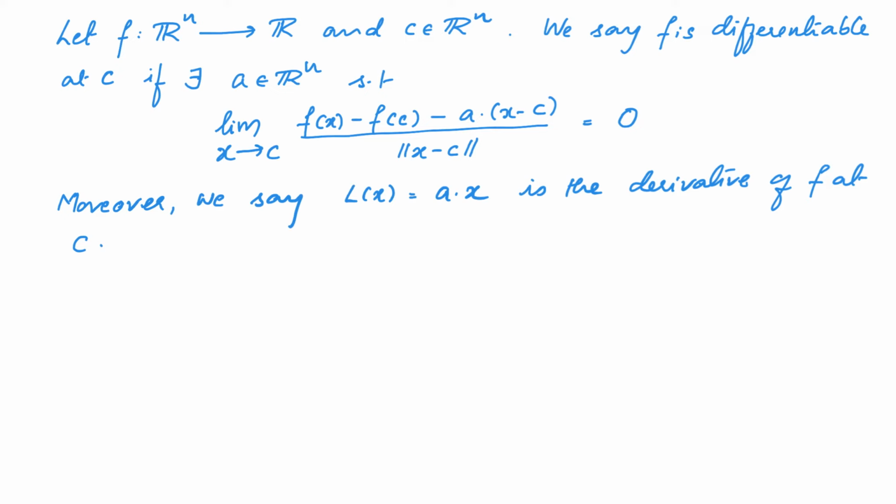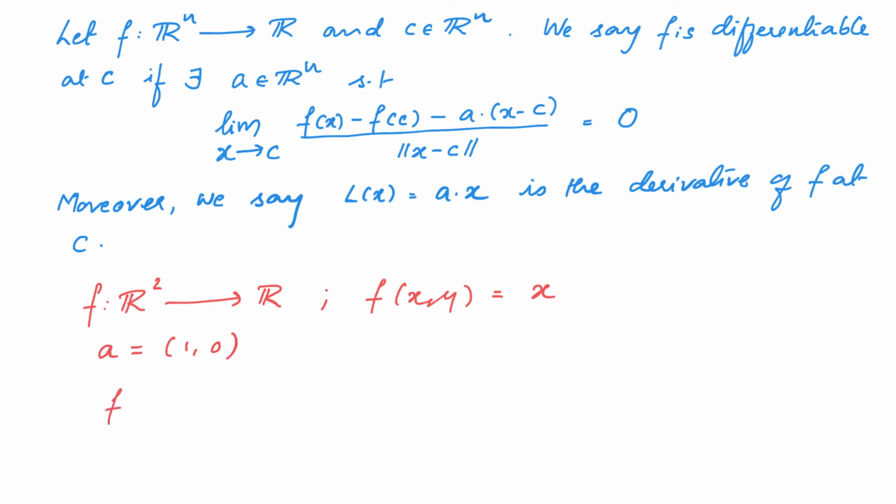For now, let us try to see whether the function we had discussed earlier is differentiable with respect to this definition. More precisely, we are looking at the function f from R2 to R defined as f of x comma y is equal to x. As this function itself is linear, it is easy to see that this function is differentiable everywhere. More precisely, we can take our a to be equal to 1, 0.